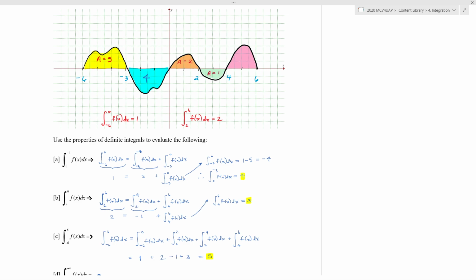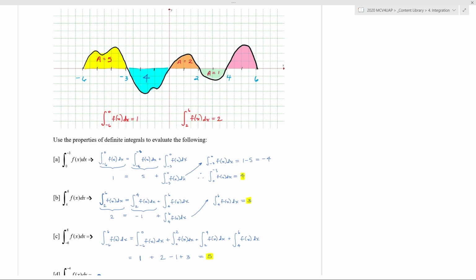Part B, the integral from 4 to 6, is basically asking about the area, that pink shaded area, right? We can look at it as that area. Now we're given that the integral from 2 to 6 is 2. And we know that the integral from 2 to 4 is -1.